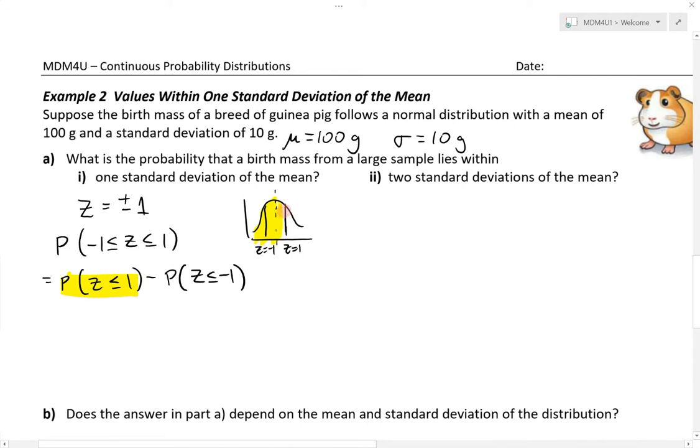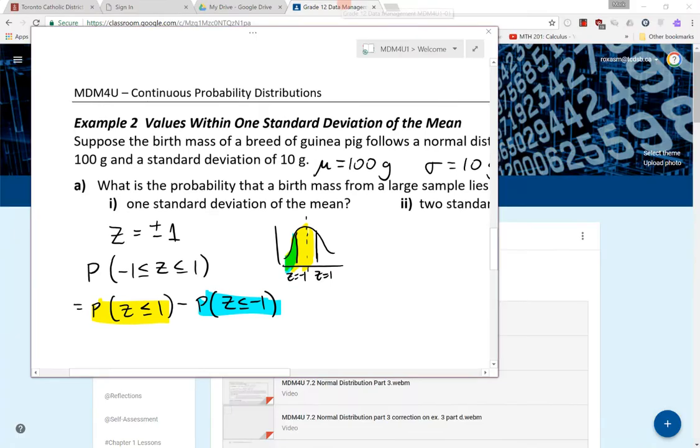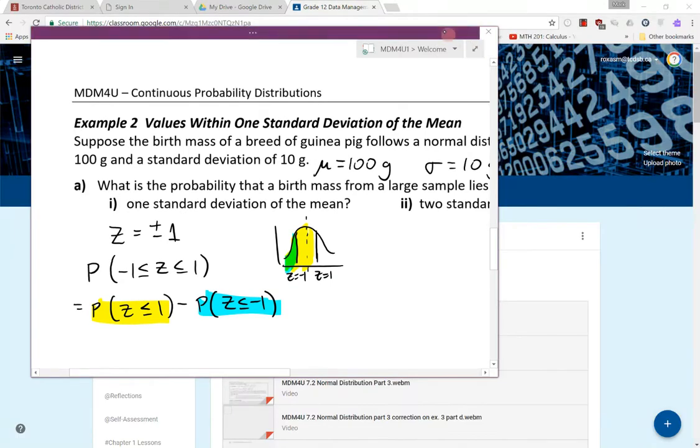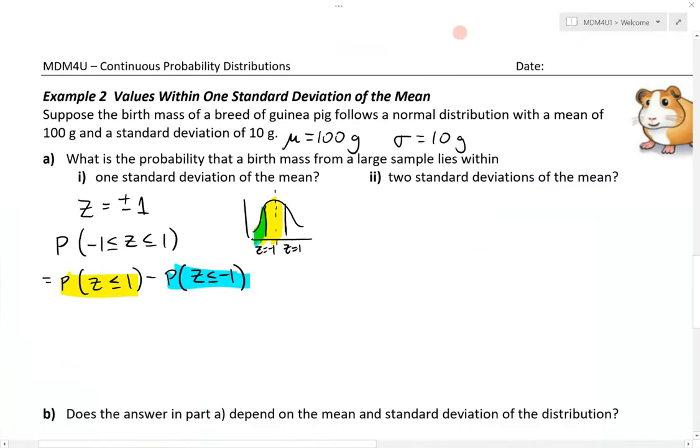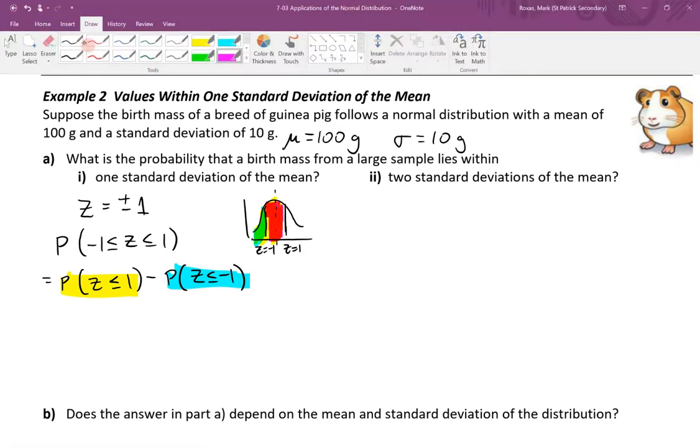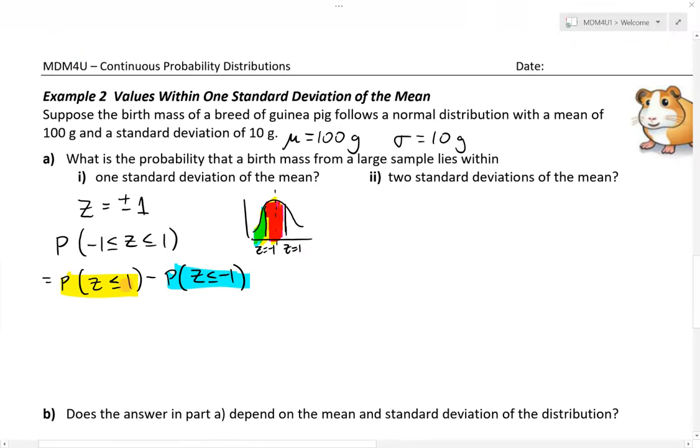But then if I subtract the probability that Z is less than or equal to -1, I subtract this portion of the graph, leaving me with what I really want: the portion between -1 and +1. That's how I'm setting up the formula.